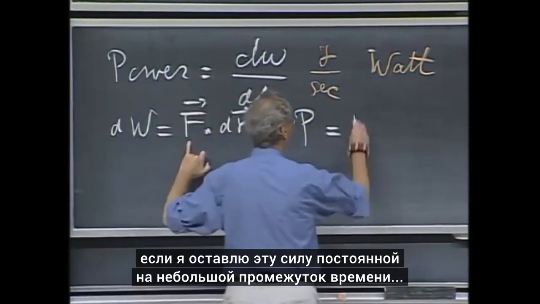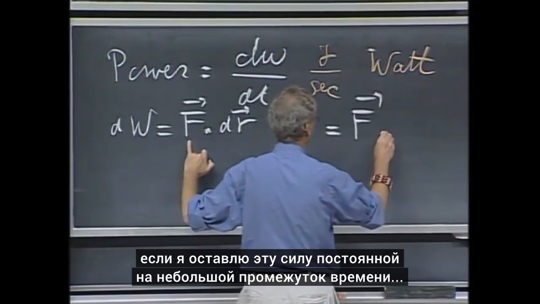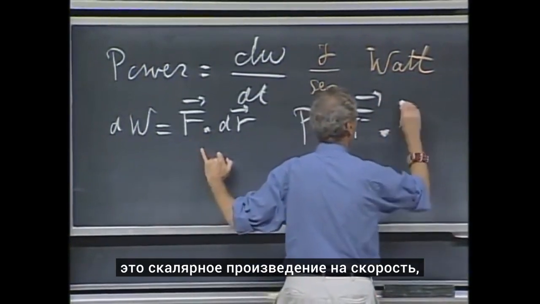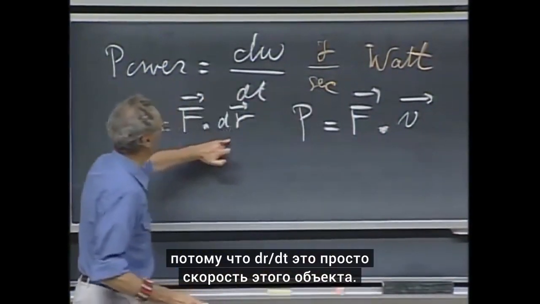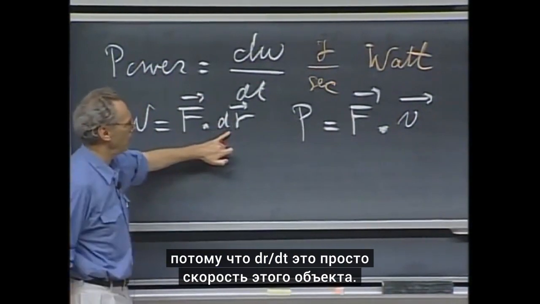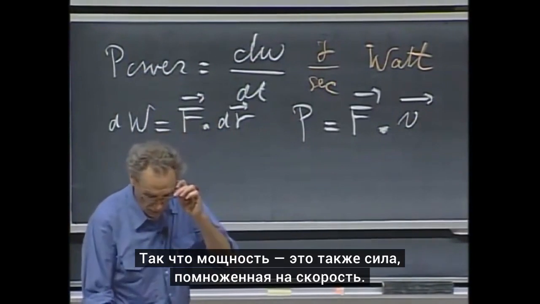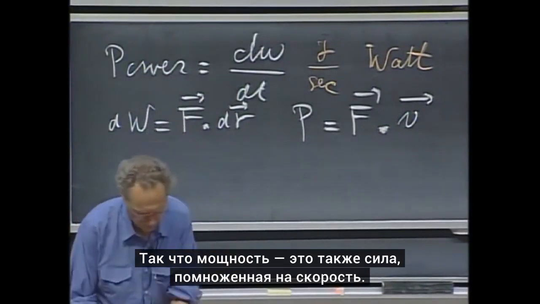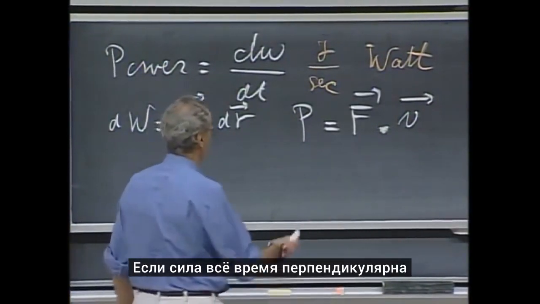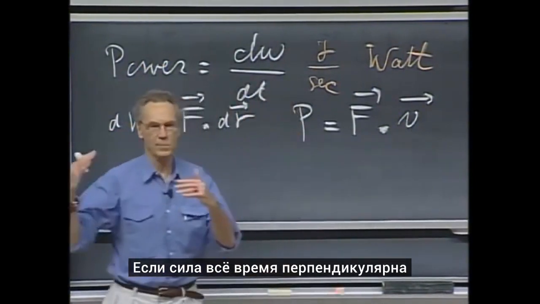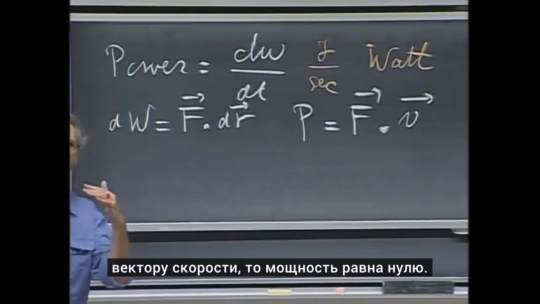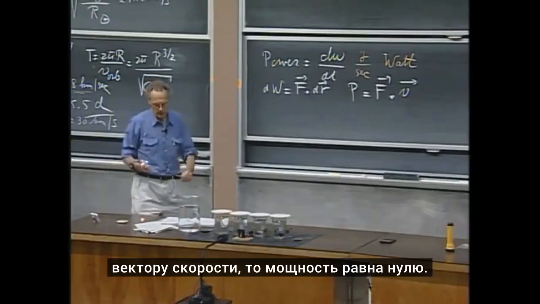And that is, if I keep the force constant for that short amount of time, the dot product of F with the velocity, because dr/dt is simply the velocity of that object. So power is also force dotted with the velocity. If the force were perpendicular at all times to the velocity vector, then the power is 0.